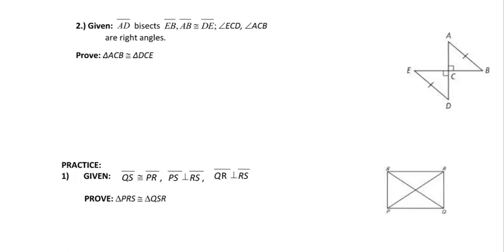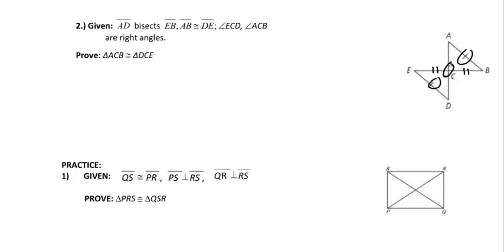We know that AD bisects EB. That means AD is like a knife cutting EB in half, so we know those would be congruent. We also know that these angles are right, therefore the triangle is right, and then we know that side is congruent to that side. How are we going to prove the two triangles are congruent?